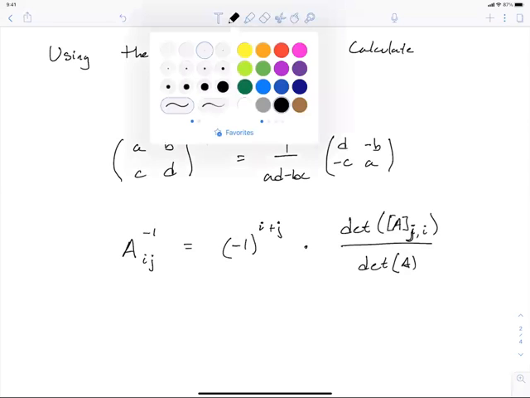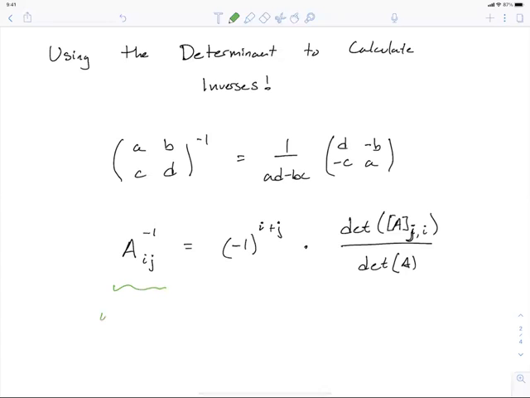So this just says that the ij entry of the inverse is plus or minus, based on that checkerboard pattern we did before, of a ratio of determinants. And one of those determinants is a minor.